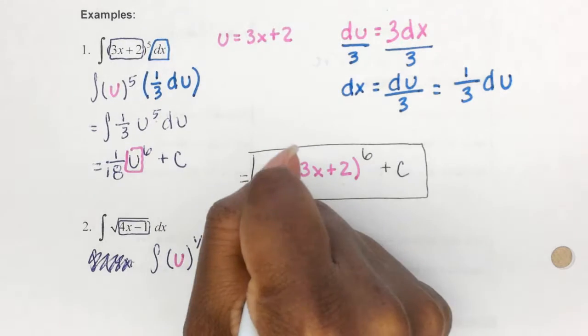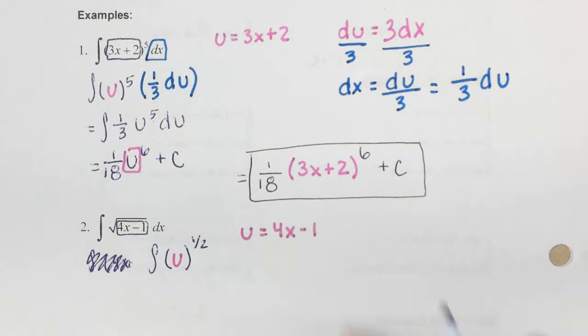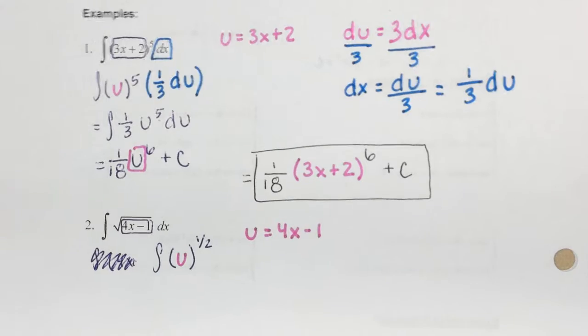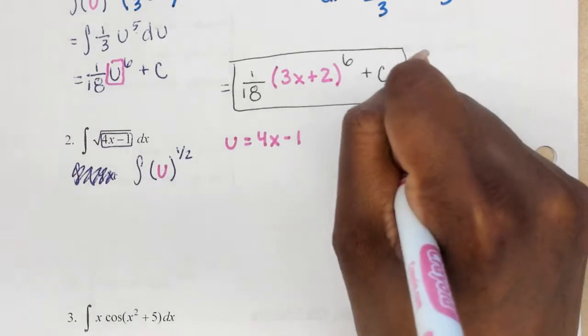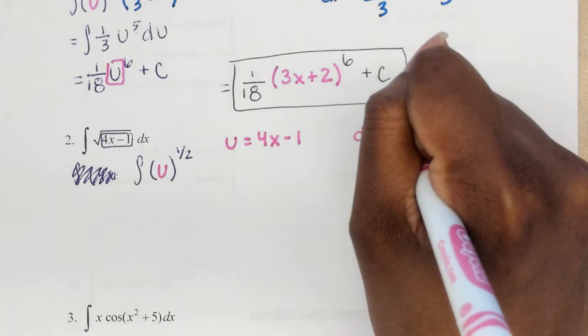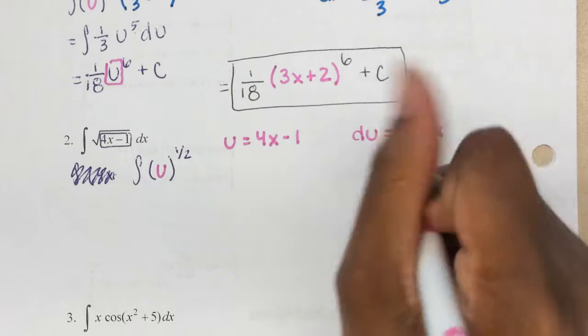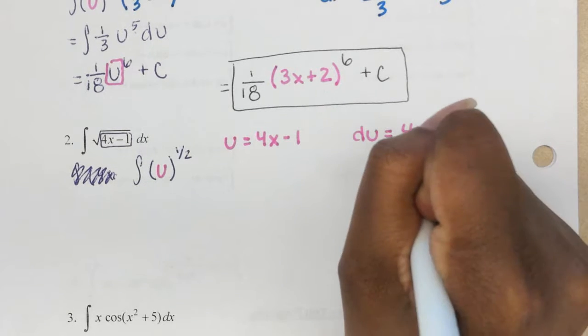So I took u to be 4x minus 1. So I need to change dx so that it is in terms of du. So I can take the derivative. du is equal to 4 dx. Now I want to solve for dx.